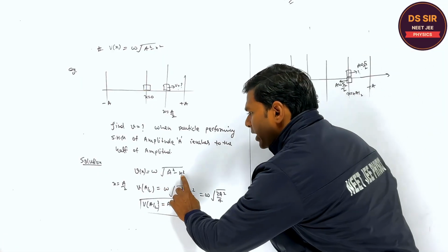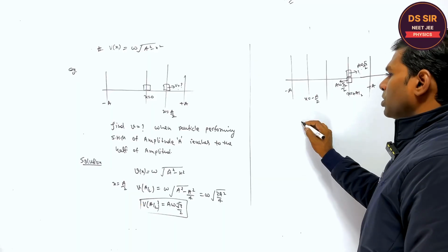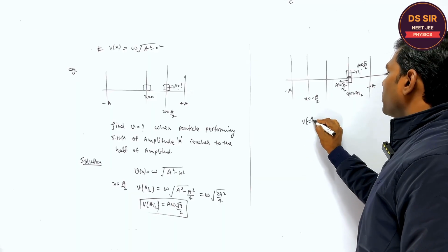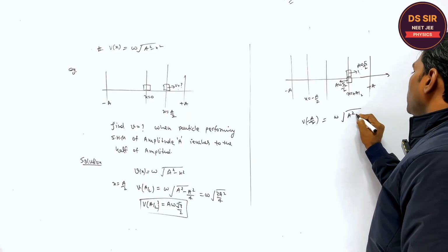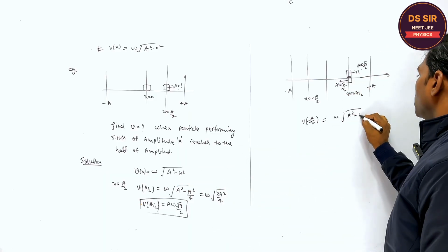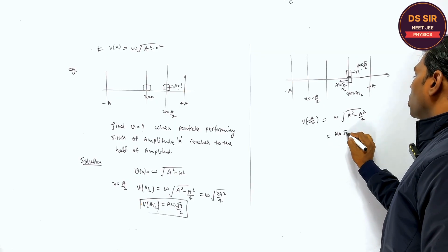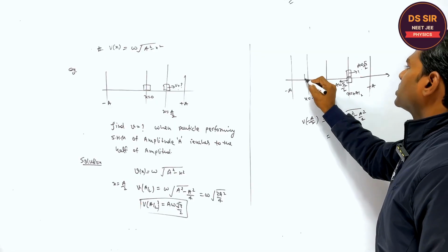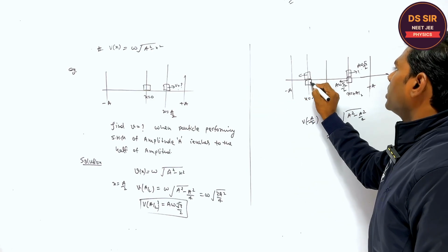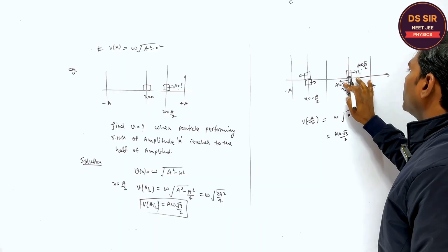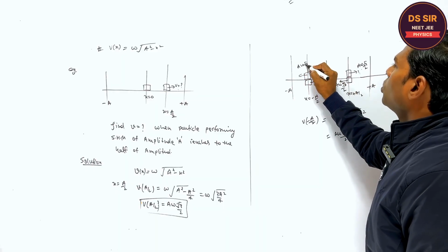If you put x is equal to plus a by 2 or minus a by 2, the velocity at minus a by 2 towards the left extreme will again, if you put minus a by 2, be a square by 4, and this a omega root 3 by 2 will be the same speed, whether it is going towards left or towards right, right? So its speed will be equal to a omega root 3 by 2.